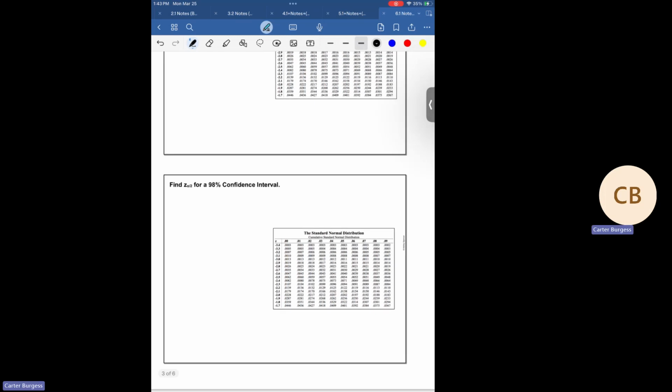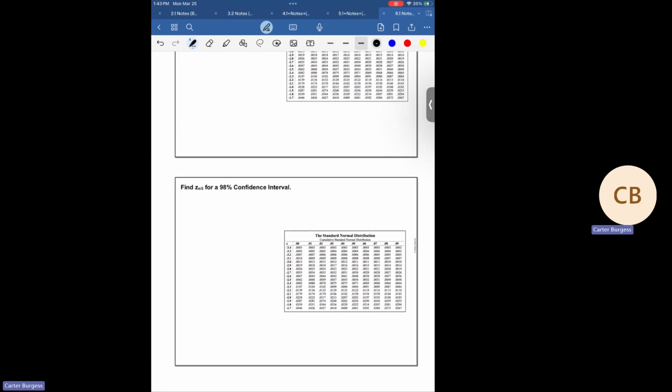Right. But before we get into that, let's take a look at constructing these confidence intervals just in terms of the z-score, not in terms of the x values just yet. So if we are trying to figure out the z-scores that we would use for a 98% confidence interval, what are we going to enter into our calculator here?